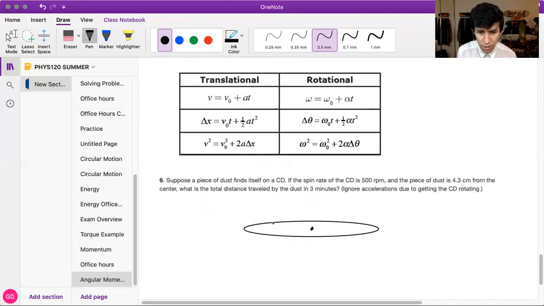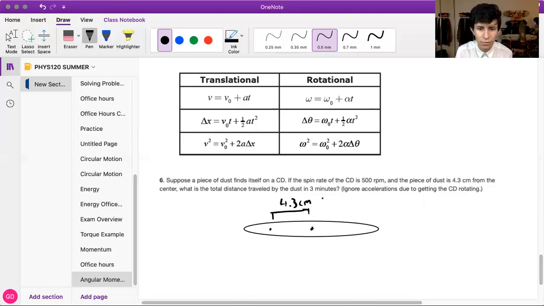We just know that the dust fell somewhere right here, and that distance is 4.3 centimeters.